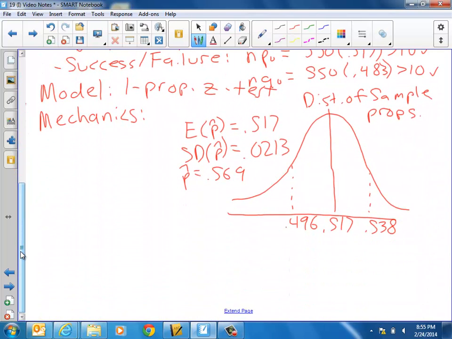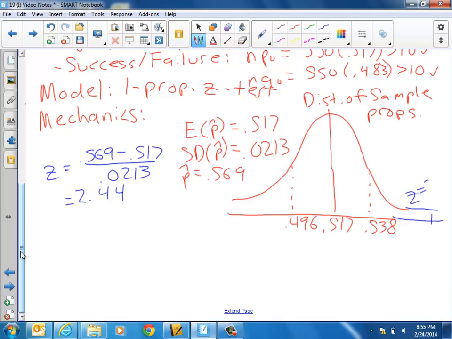That's awfully high. So the z-score we're working with off to the right side here is equal to 0.569 minus 0.517 all over 0.0213. That comes out to be 2.44. So way off to the side here, we've got the z-score of 2.44.